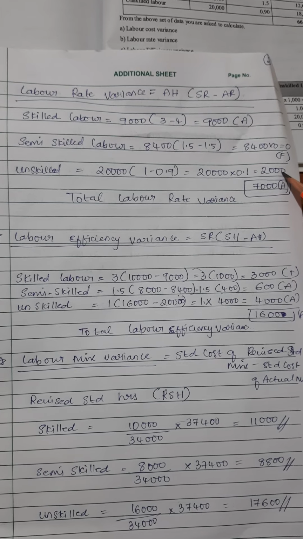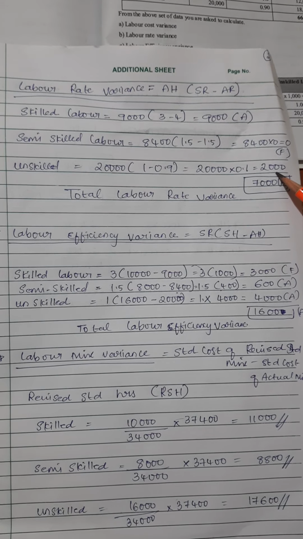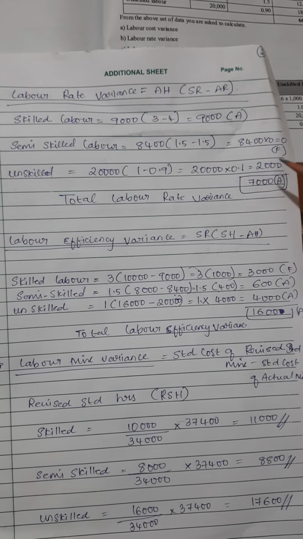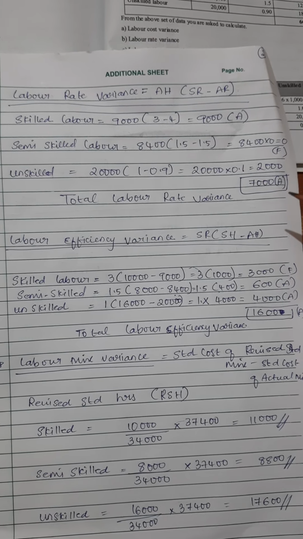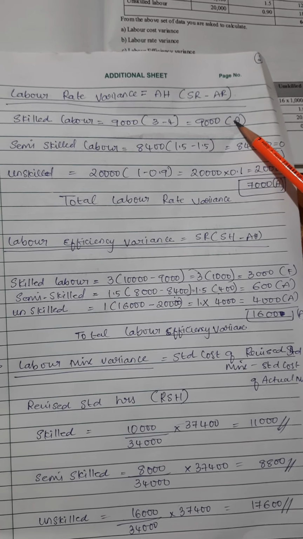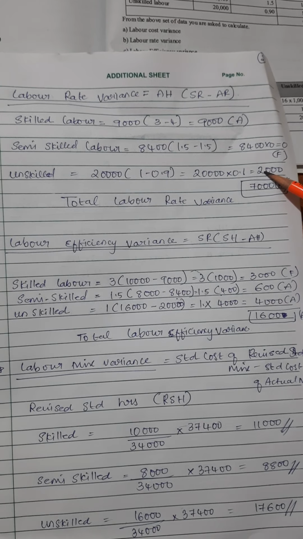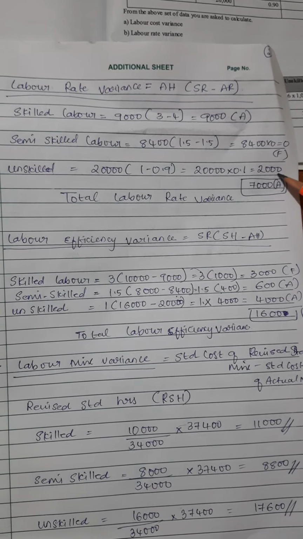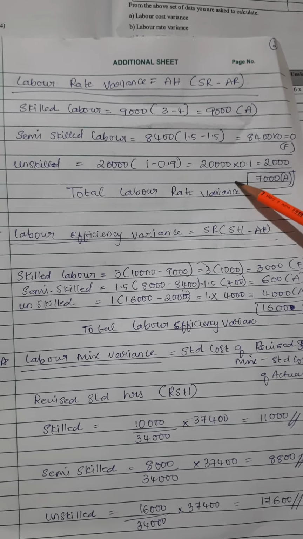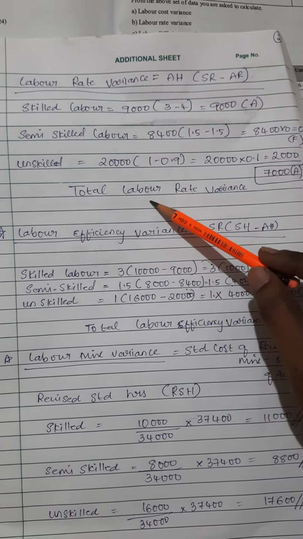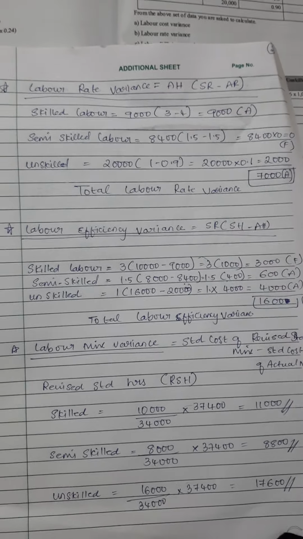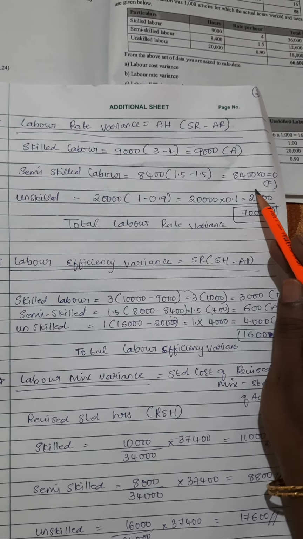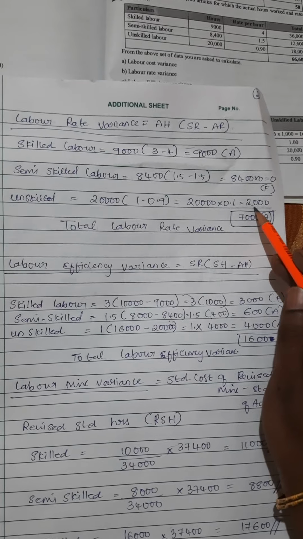Then unskilled, if you calculate, we will get a positive value. So one is positive and another one is negative. What we have to do here: 9,000 is adverse, a minus value. 9,000 minus 2,000 will give 7,000. This 7,000 is the answer for total labor rate variance, because 9,000 is the minus value and 2,000 is the positive value.